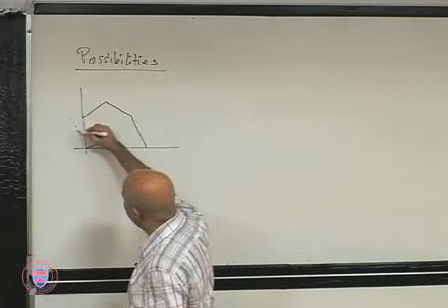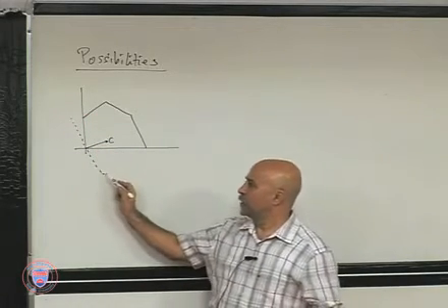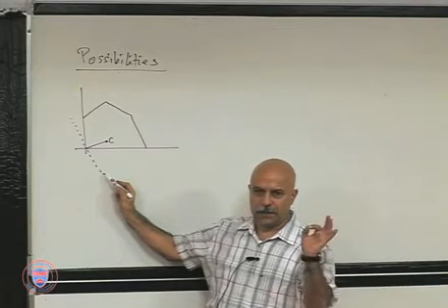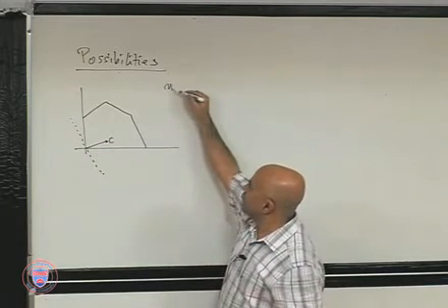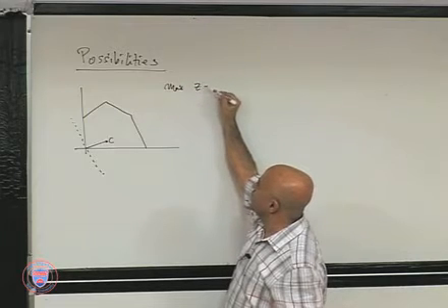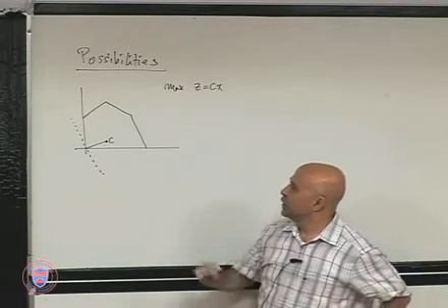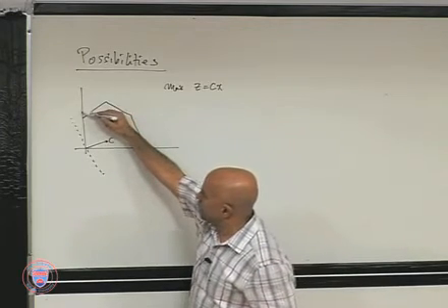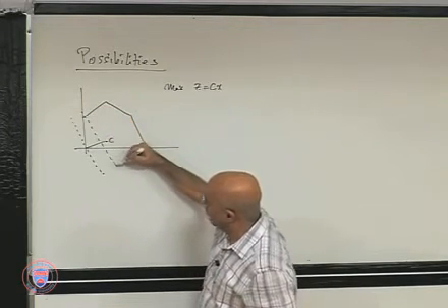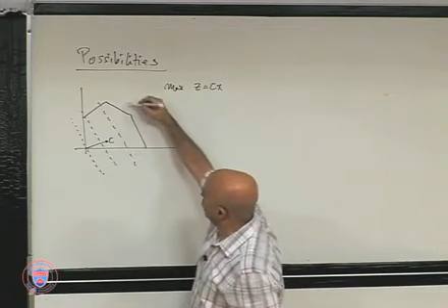Anyway, if you look at the contours of the objective function, for fixed z value, where z is the objective function value, the contours will go parallel and perpendicular to the c vector all the time.